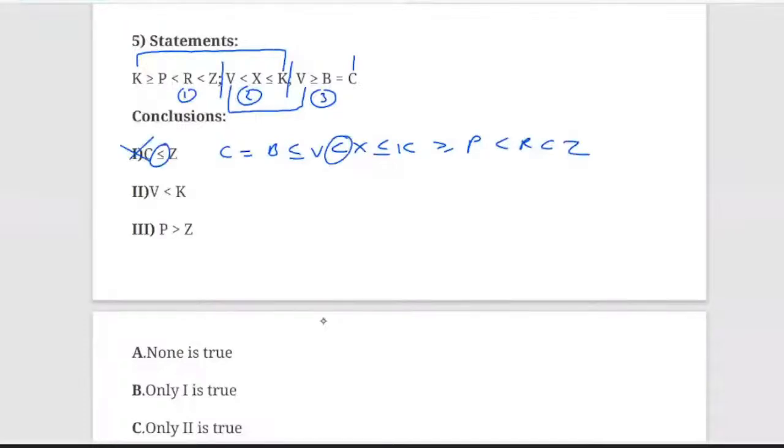Next, V is less than K. V is here, K is here. Between V and K, there is less than X less than or equal to K. So yes, V is less than K, correct answer. Now, P is greater than Z. P is less than R, and R is less than Z. How can you say P is greater than Z? So wrong. Only conclusion number 2 is correct.